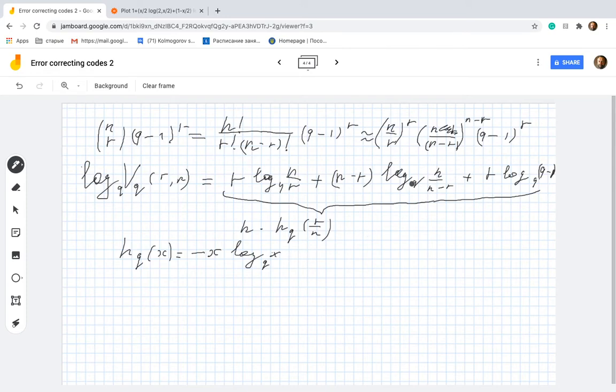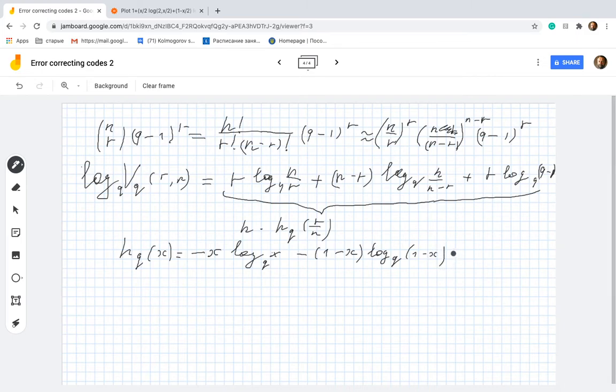This term gives, if we switch the numerator and denominator, 1 minus r over n, that is 1 minus x if x is r over n. So we obtain here minus (1 minus x) log base q of (1 minus x).